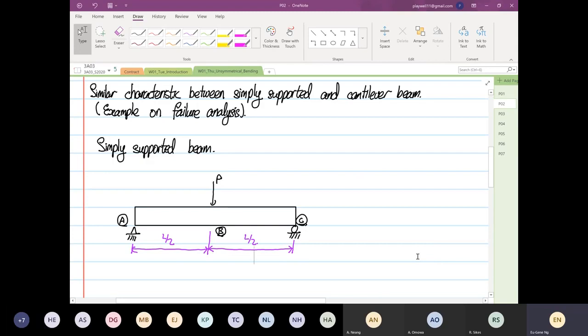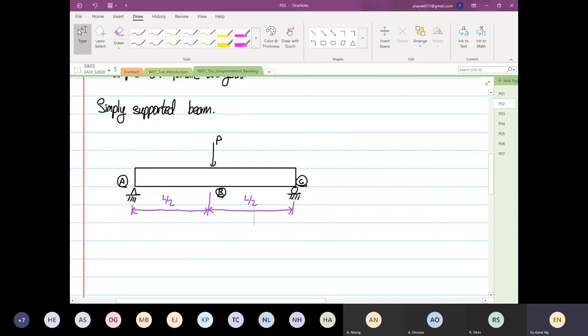At point B is where the structure will fail. Now, this is very important.